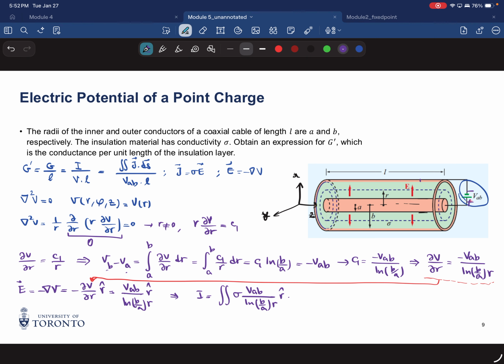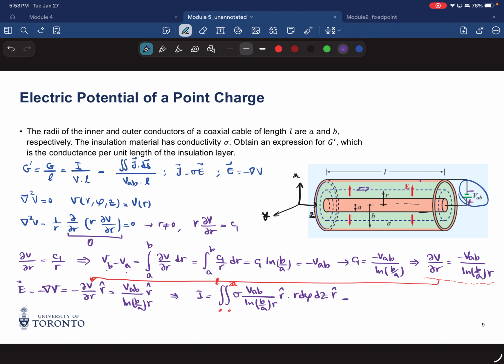So the cross-section, the area that I'm considering, is the side of the cylinder. On the side of the cylinder, ds can be defined as r d phi dz r hat, where z goes from 0 to L and phi goes from 0 to 2 pi.